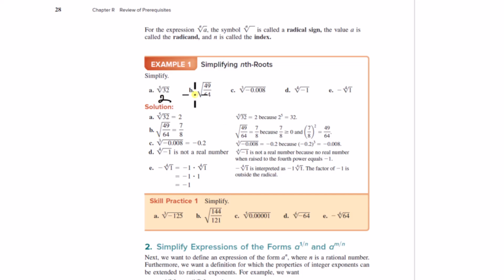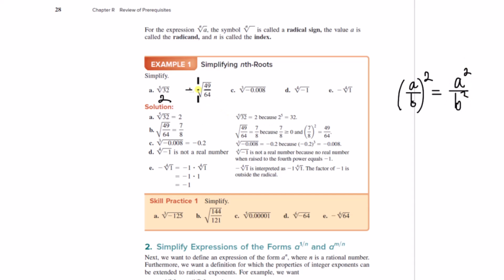Okay, what about the principal square root of 49 over 64? So what number, when you square it, do you get 49 over 64? There's going to be a positive and a negative, so we're going to return the positive here. Well, we know with fractions, a over b squared, we can write as a squared over b squared.